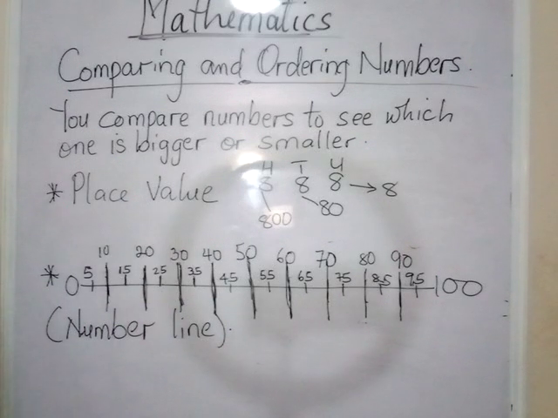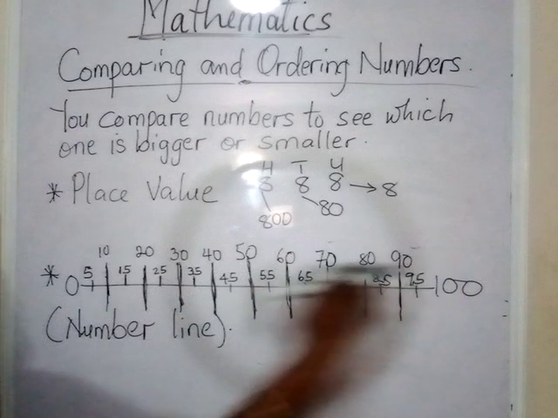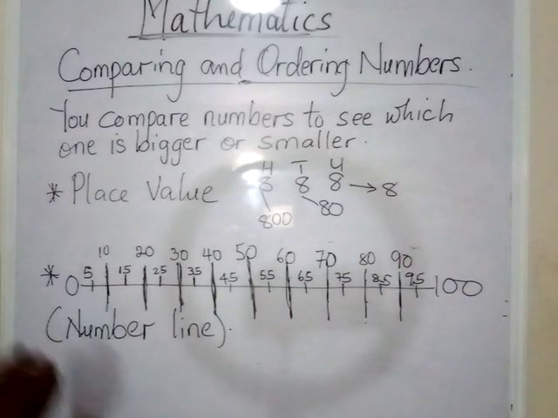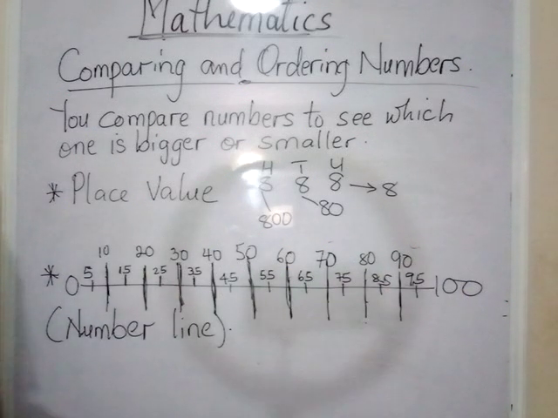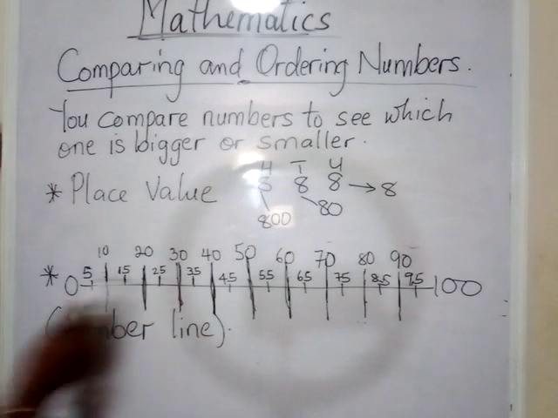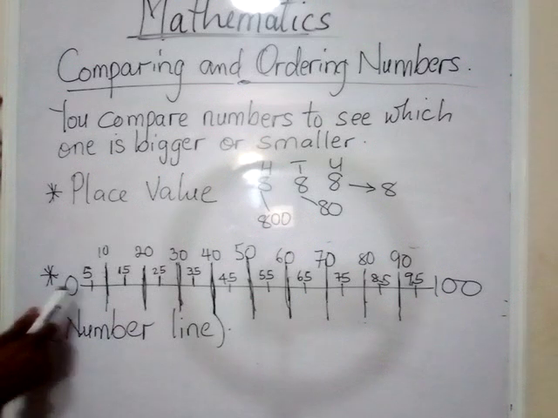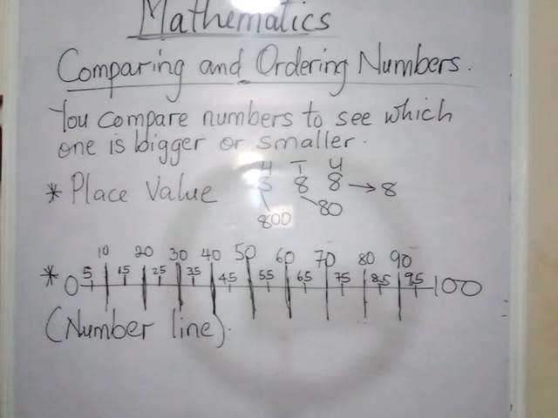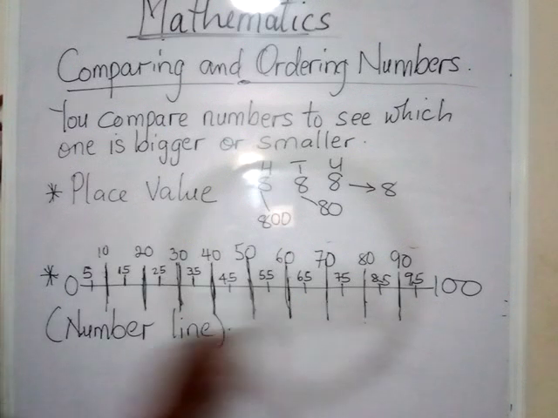Now if you want to determine which number is bigger than the other, you can use this number line to check what number is bigger or smaller. Let's take this first. The closer a number is to 0, the smaller the value is along this number line.